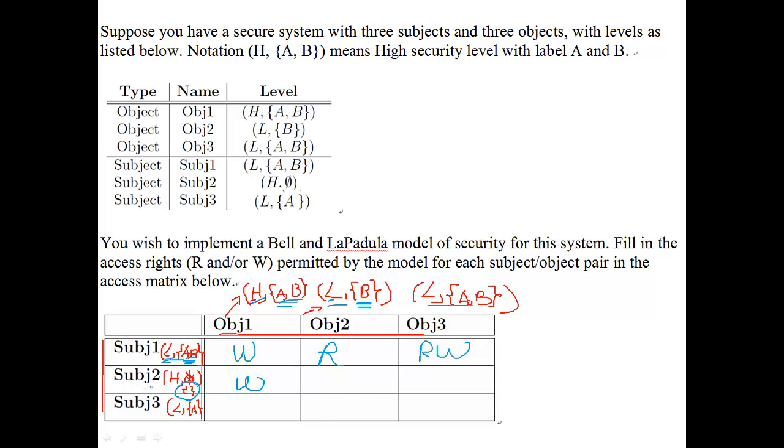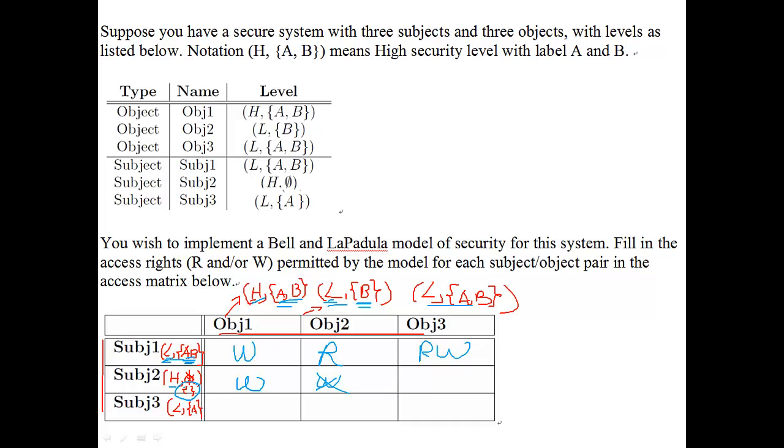Let's compare subject 2 and object 2. Let's see, subject 2 has high level, object 2 has low level. So subject 2 cannot write to object 2. Cannot write, okay? Let's see whether the subject can read this one.